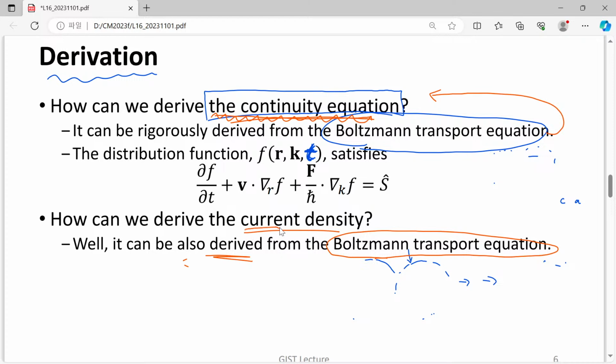And in the case of current density, this is not the only way to express the current density. Drift diffusion is not the only way. We can find more advanced approaches. They are typically called the hydrodynamic model, or even higher models are available.